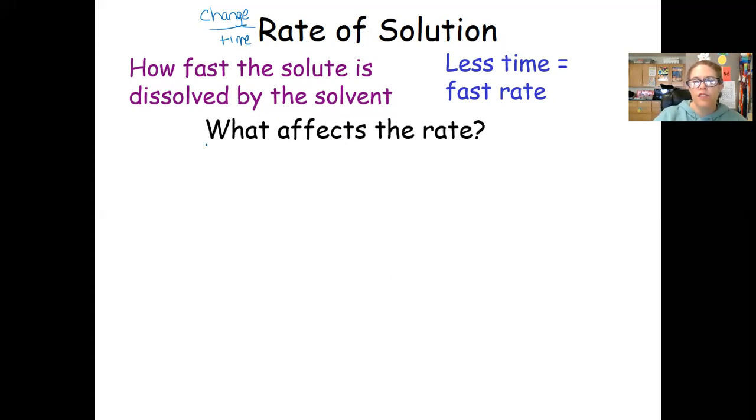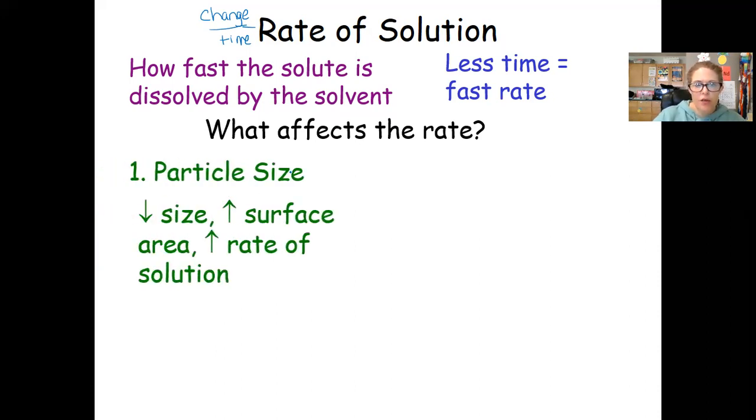All right, so what affects the rate of something dissolving? Some of these are intuitive. Particle size. If I decrease the size of the particle, that means I increase the surface area contact between my solute and my solvent.